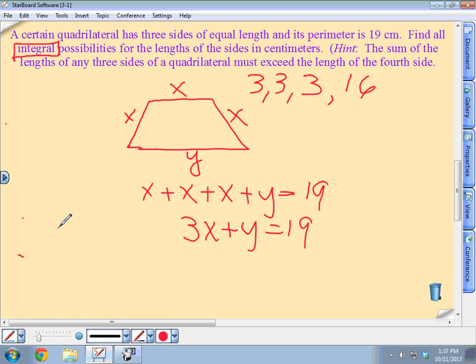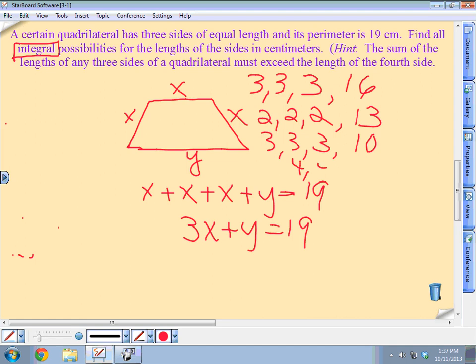Okay. Or if this is 2, that'd be 6. So what would this last side be? 13. If the sides are all 3, what do I have? 10.